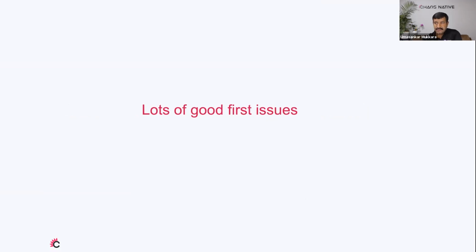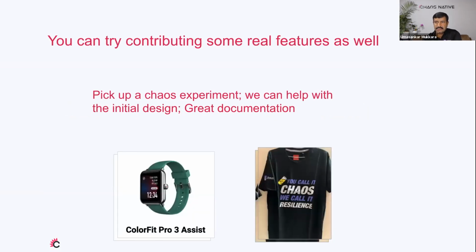There are a lot of good first issues, but I'm more excited about helping some of you go beyond simple PRs. Litmus is very unique in open source: you can do an end-to-end feature by writing a chaos experiment. You can call it a feature. You can say that this experiment I've contributed to ChaosHub.